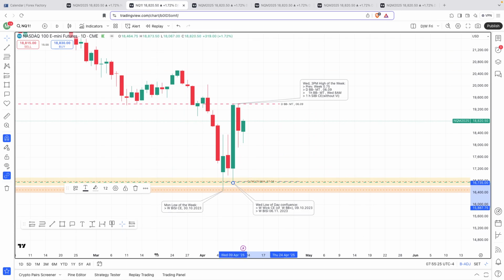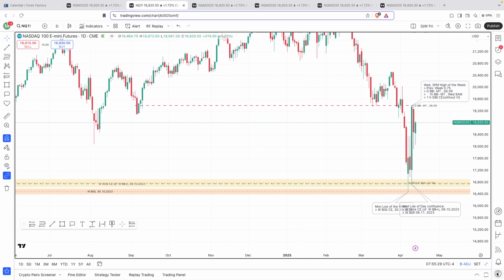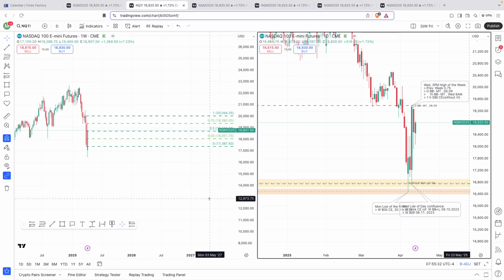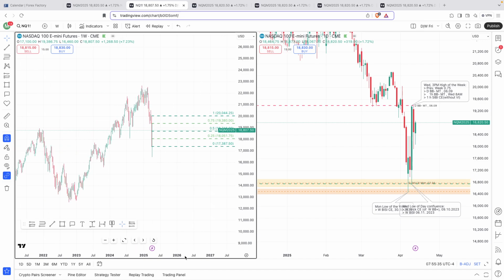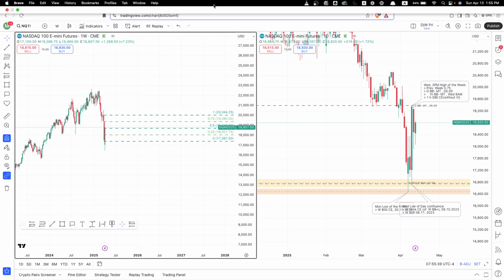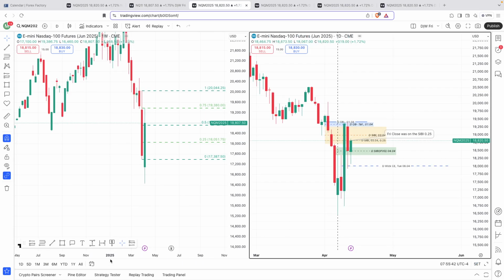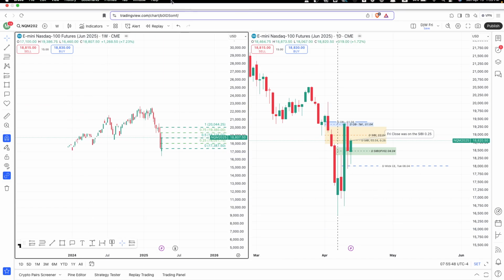Next template, we're going to look at the continuous contract of Nasdaq. And this contract is quite nice when we want to see price over a bigger period of time. So if I look, for example, at the June contract, I will not be able to see much of the chart before January, if I look here on the weekly.